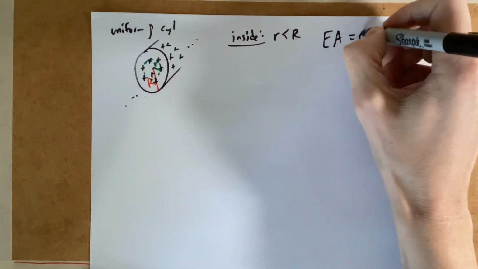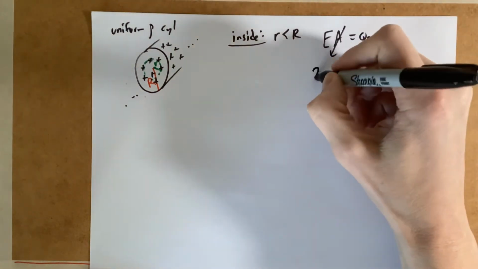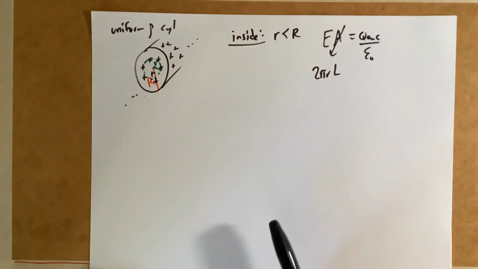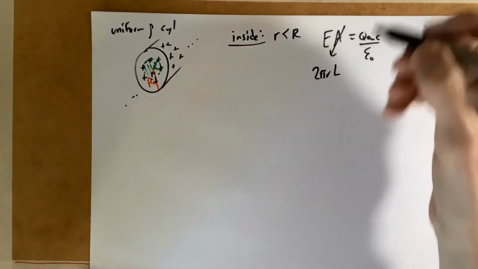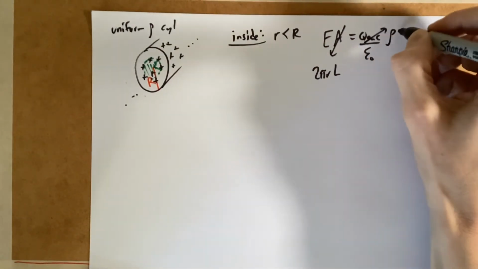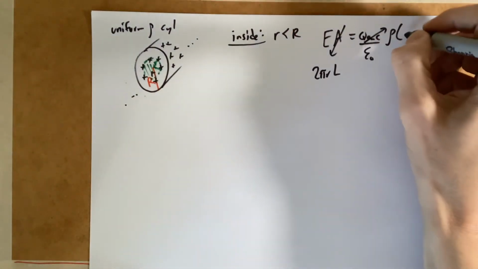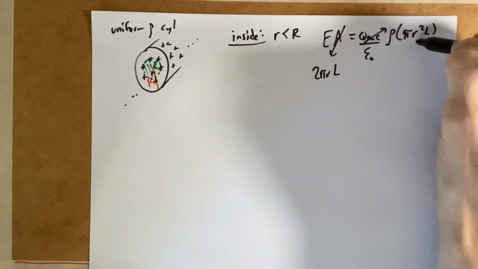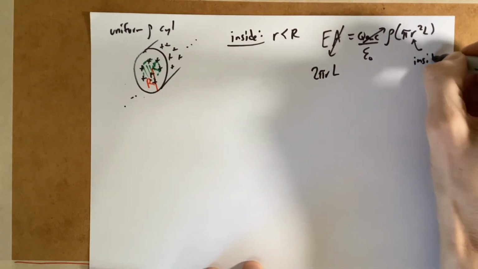EA equals Q over epsilon naught. The area is always going to be 2 pi rL. And now, of course, I don't enclose all the charge. I'm only going to enclose some subset of it. So this will be rho times the volume of a cylinder, pi r squared L. And here, remember, since I'm inside, I use little r.